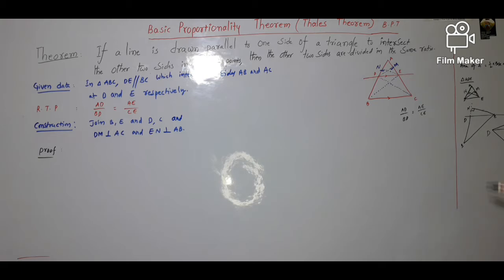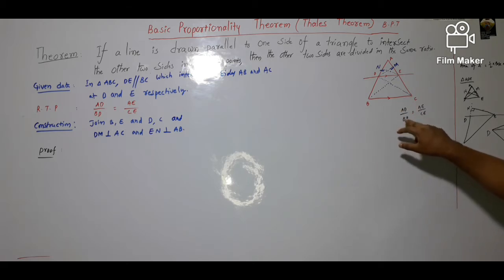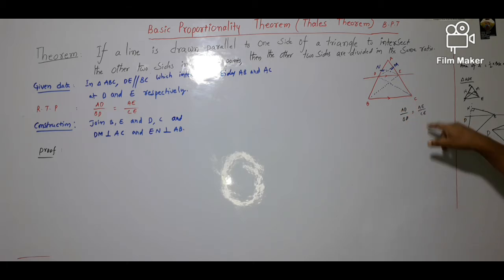So we find the area of these three triangles. Enough. We have to prove AD by BD is equal to AE by CE.